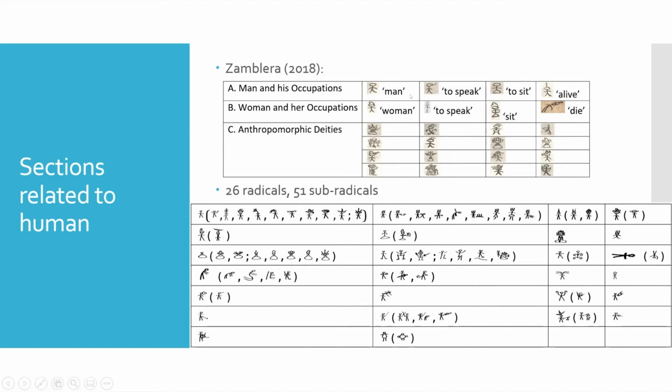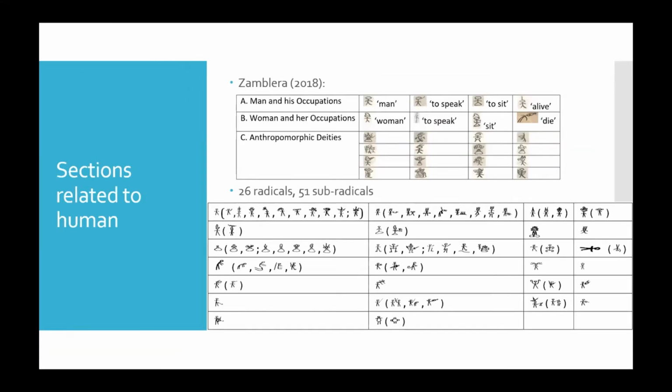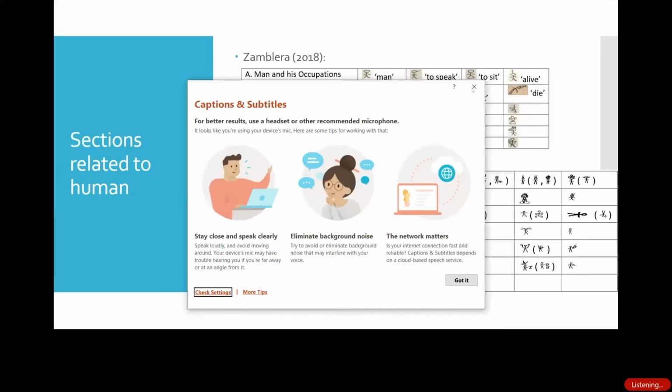And the representative glyphs he highlighted include the man, the woman, and to speak, to sit, and alive or dead or die as the representatives of each cluster. However, in fact, there are many other positions of the human figure, and the rationale is not explained in this.